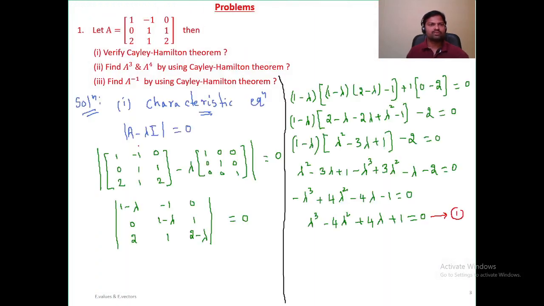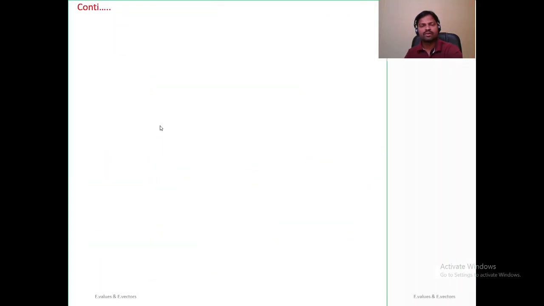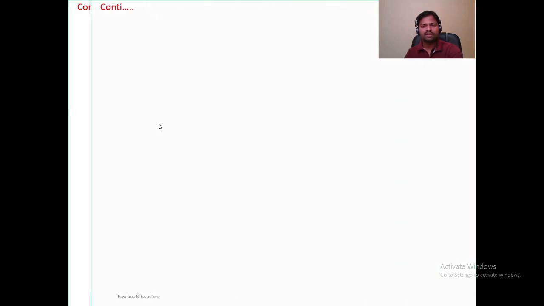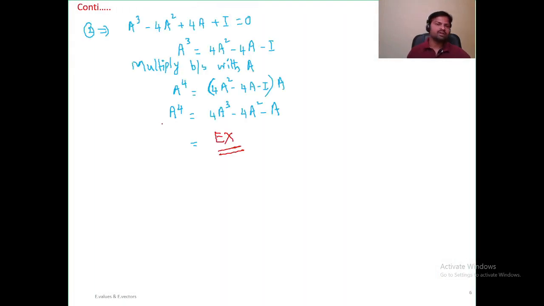Right, next question. Last one, find A inverse by using Cayley-Hamilton theorem. So far we know how to find A inverse by which method? Gauss-Jordan elimination method, right? And by using A inverse is equal to 1 by determinant of A times adjoint of the matrix A. That is the second technique.